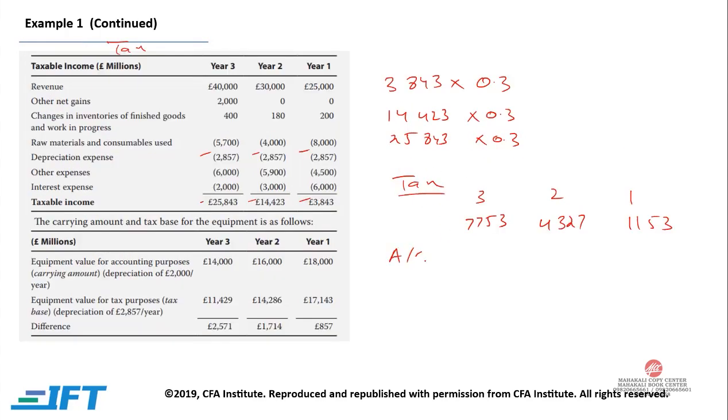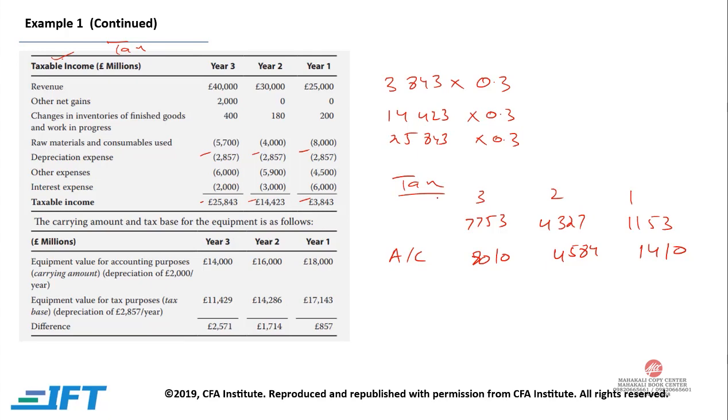Now if you compare accounting with tax, accounting was 1,410, 4,584, and 8,010. Now the thing you need to understand is that the taxable income is different, and the depreciation expense is higher in taxable income. For tax purposes, the depreciation expense is higher, hence producing a lower taxable income, hence producing lower taxes.